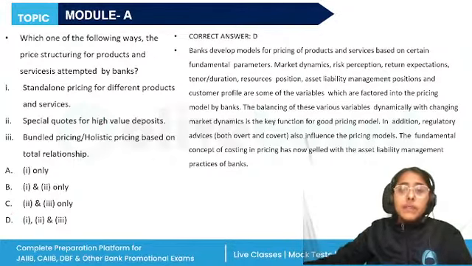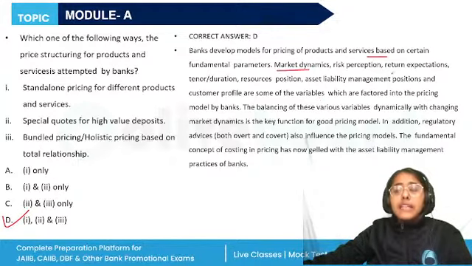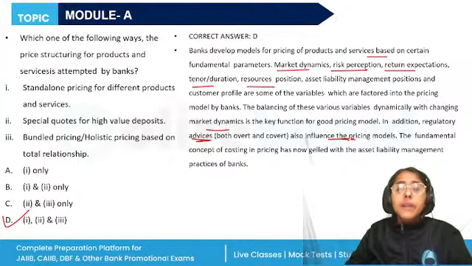So the banks develop the models for pricing and the products based on certain fundamental parameters like market dynamics, risk participation, return expectations, tenor or duration, resource positioning, and so on. And again, they will dynamically change with the market dynamics. In addition, regulatory advices also influence the pricing model.